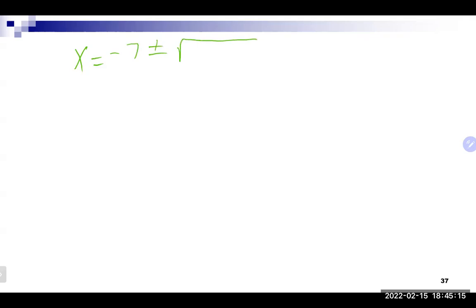If you put all the numbers in there and clean it up inside the square root, you should get 123.256, which you would take the square root of and end up with 11.1. And that would all be divided by 2 times a, which is 4 times 2, which would be 8. So again, if you did the b squared minus 4ac, you should get 123.256 inside the square root, and you take the square root of it, and that gets you to your 11.1.